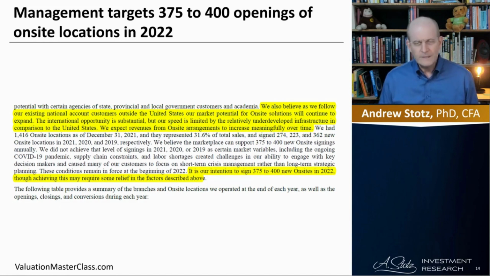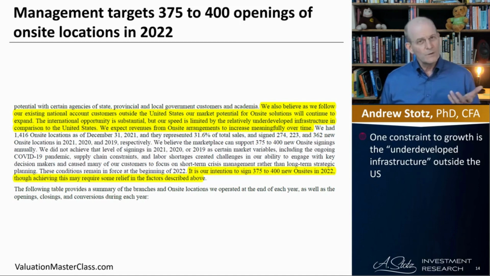And let's read the yellow section. It says, we also believe, as we follow our existing national account customers outside the United States, our market potential for on-site solutions will continue to expand. The international opportunity is substantial, but our speed is limited by the relatively underdeveloped infrastructure in comparison to the U.S. We expect revenues from on-site arrangements to increase meaningfully over time. So what's one constraint?